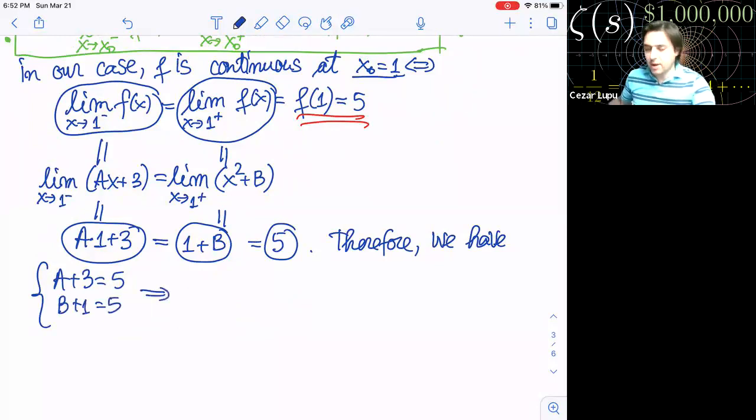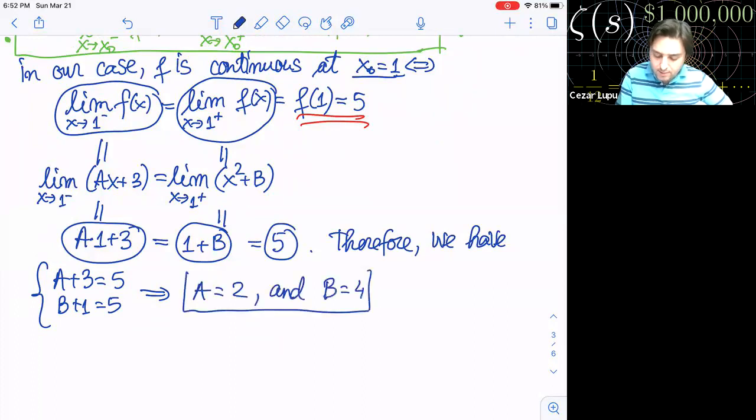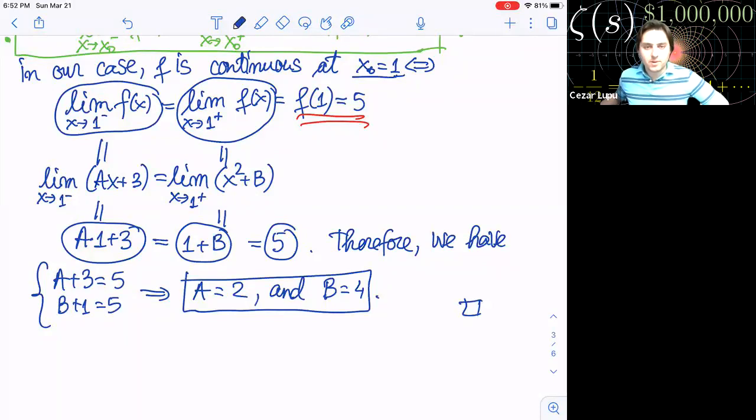So from here, this will imply that a is what and b is what? So a is 2 and b is 4. That's it. Game over. That's the problem. Was it hard? The only thing you needed to use was just the definition.